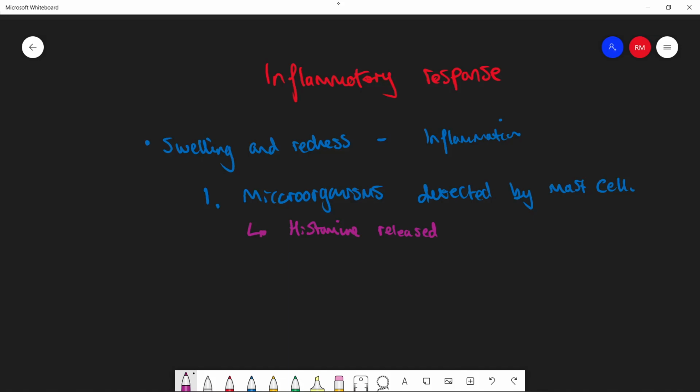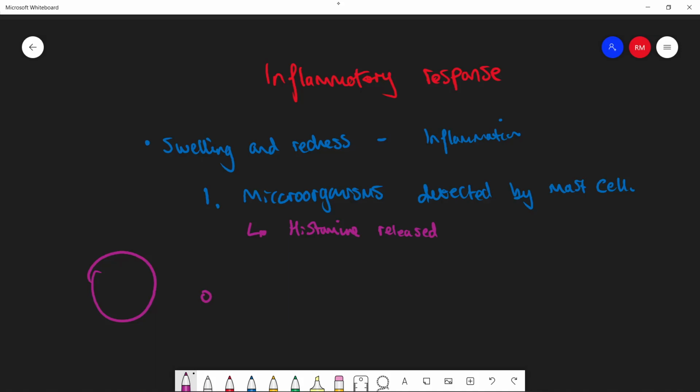And the main effect of this histamine is actually vasodilation, which GCSE PE people, you would know this. Vasodilation causes blood vessels to dilate, which means more blood around the infected area. Remember, dilate is get bigger, constrict is get smaller.